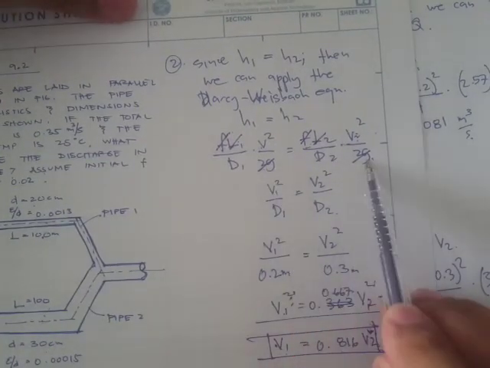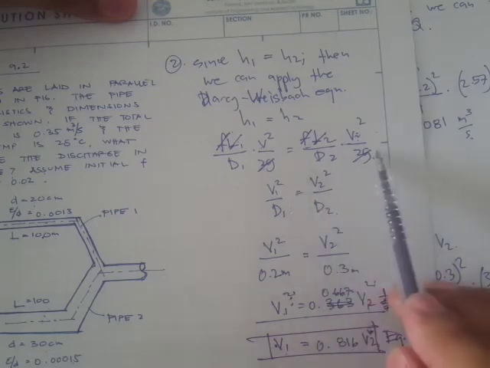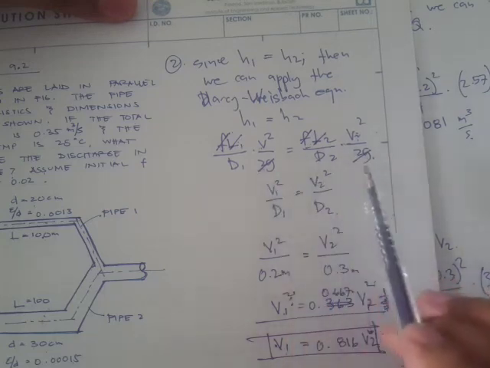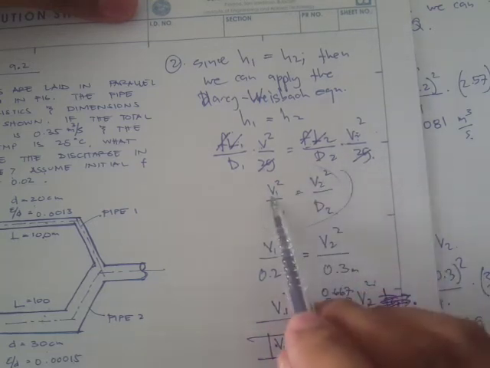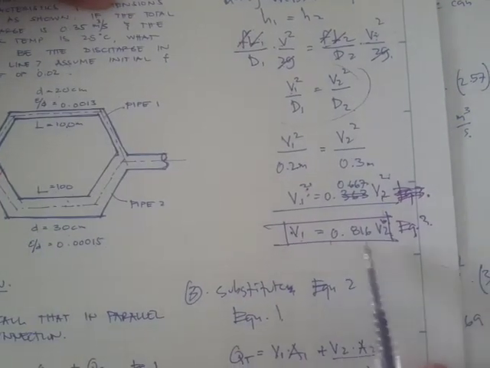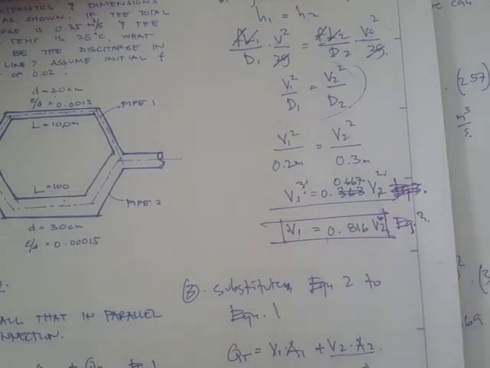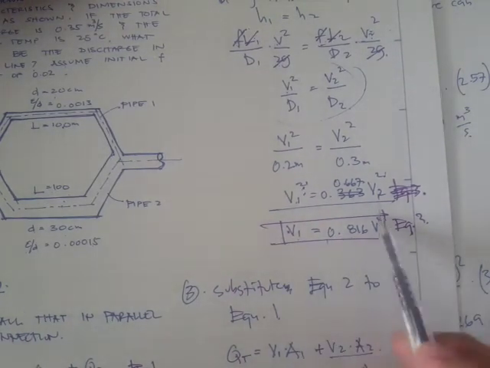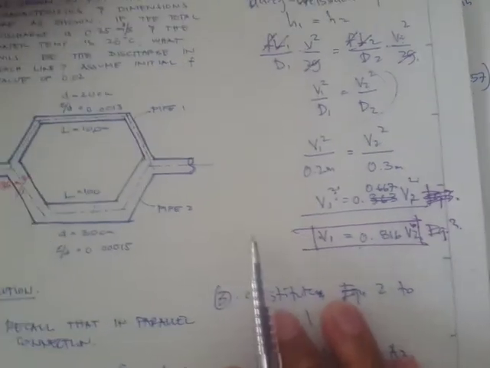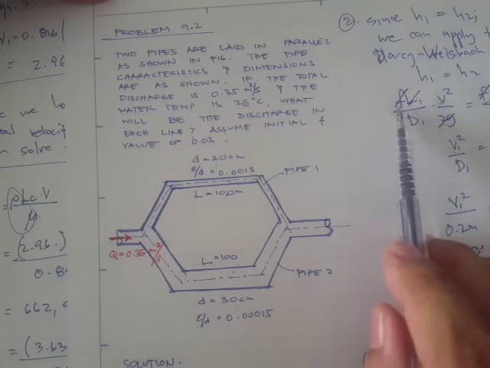The 2g in the denominator is the same, so it also cancels out, and what's left is simply the velocity and then the diameter. From here we obtain the expression 0.816 v sub 2 is equal to the velocity at 1.